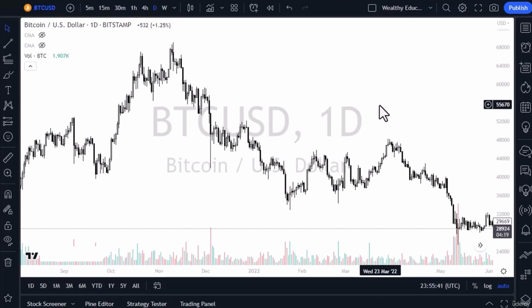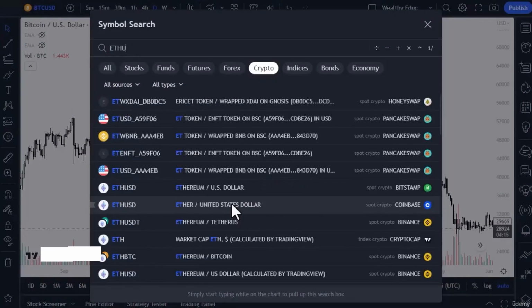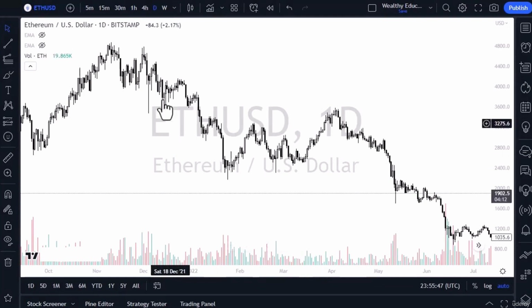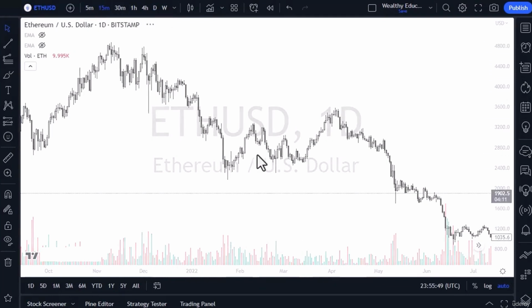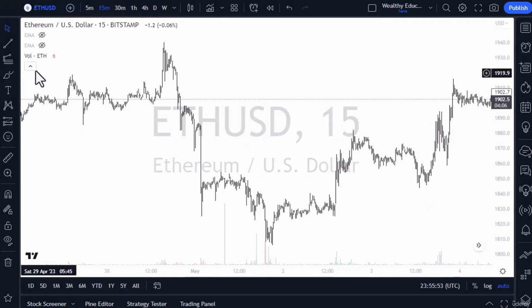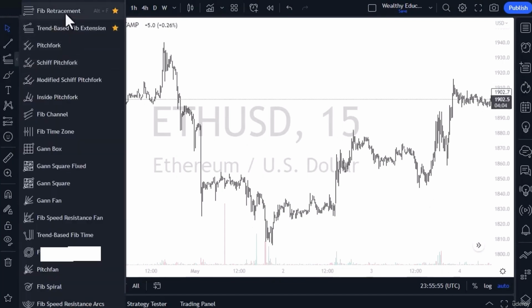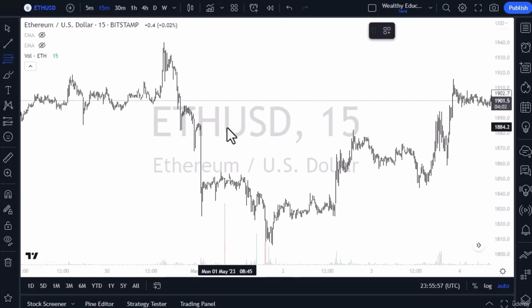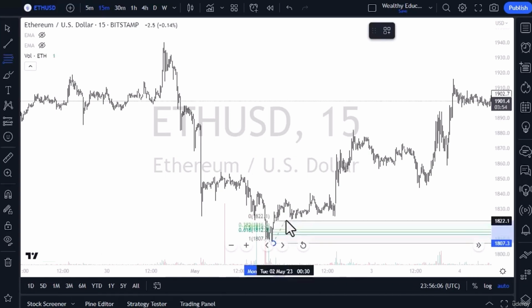Let's go ahead and take a look at another random chart. Let's just pull up Ethereum. Let's pull up a 15-minute chart. It's a scalping course after all. Let's pull up a fib retracement. And when you hear traders talk about Fibonacci, it's worth noting that probably 98% of the time they're talking about retracement.